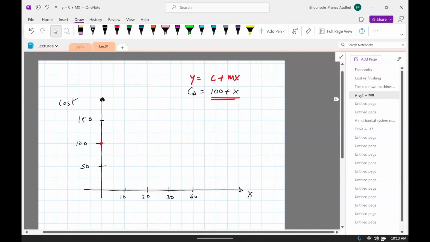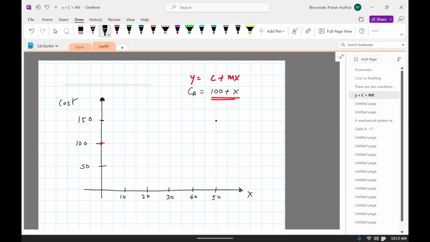Also, to get it a little more accurate, at x equals 50, it would be at 150. So x equals 50, I don't have 50 there. So 50, and then we draw a dot here, and that might be a better way to do it. So we just connect. We need 2 points in order to draw a line, just with red.